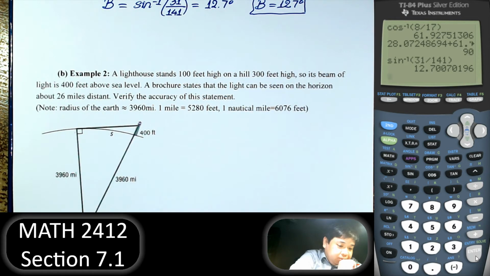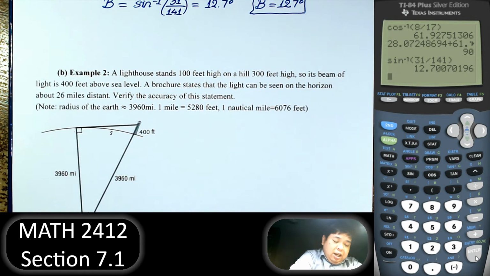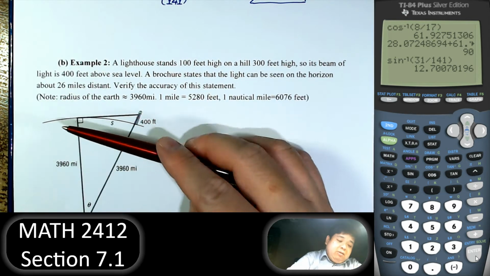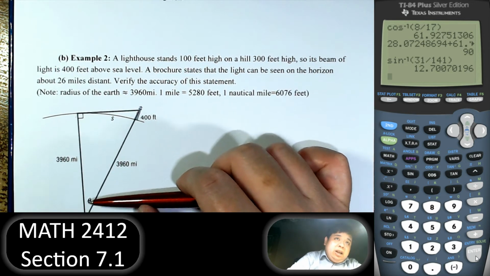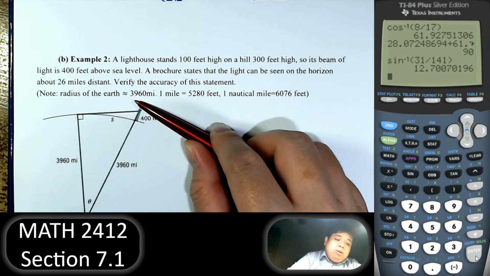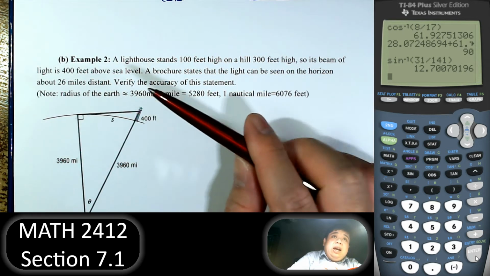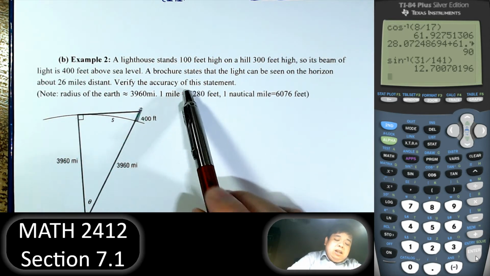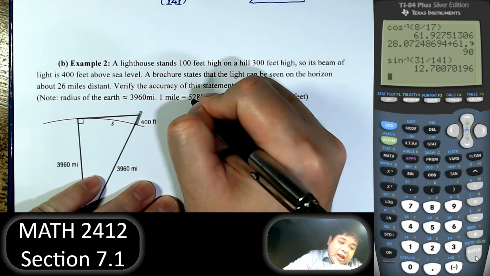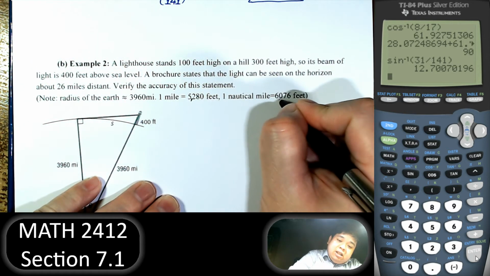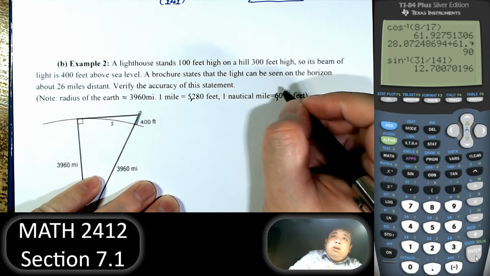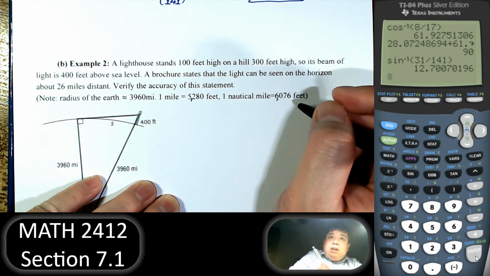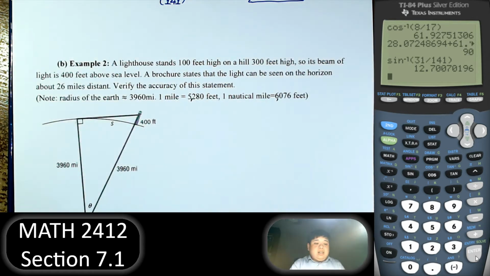They know the distance, where the shore and the land are. Right. So in this example, we are given that the radius of the Earth is 3,960 miles, and 1 mile, a regular mile, is 5,280 feet, and a nautical mile is 6,076 feet. Right, so take all of that information.